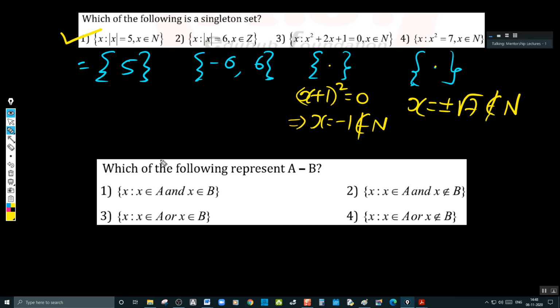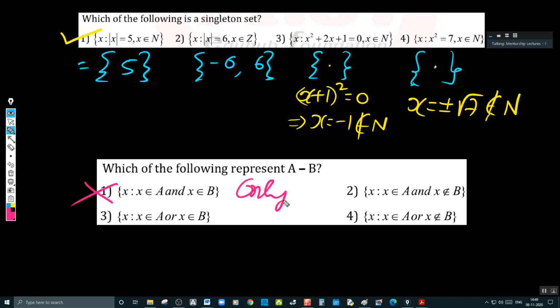In the next question, x is such that x belongs to A and x belongs to B. A minus B we want. A minus B means only A but not B. So this is not correct. What is the meaning of A minus B?